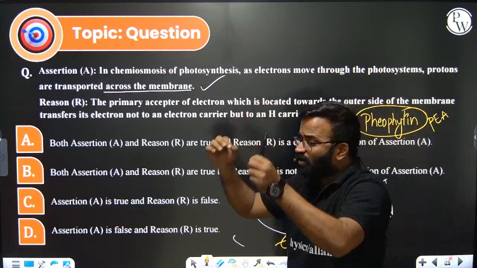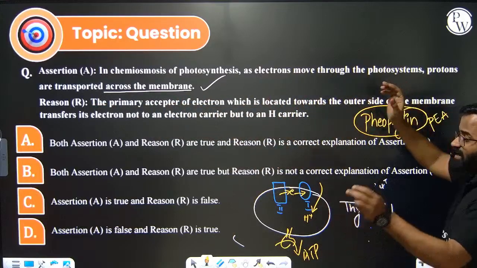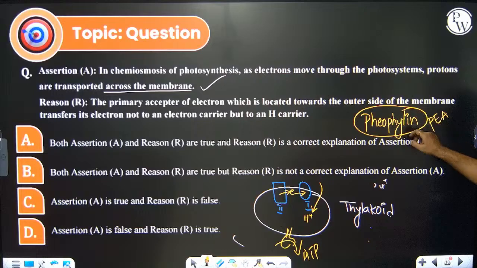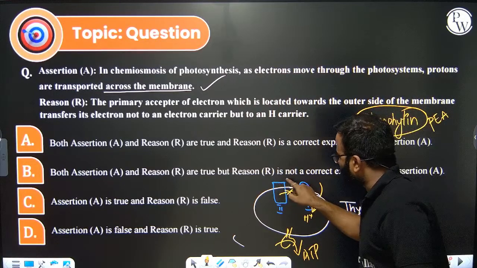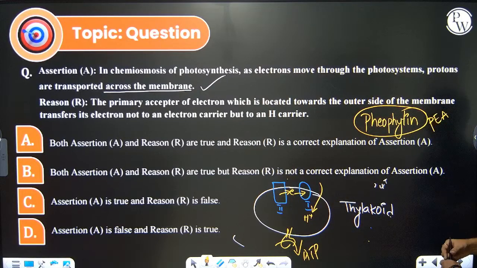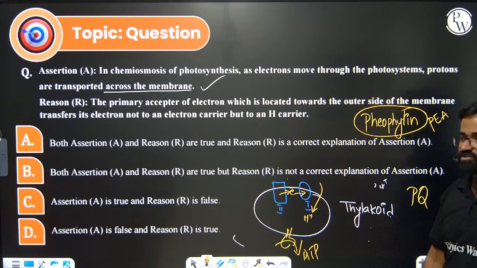This entire statement I have taken from the NCERT. So the primary electron acceptor, pheophytin, is present towards the outer side of the thylakoid membrane, which transfers its electrons to PQ.